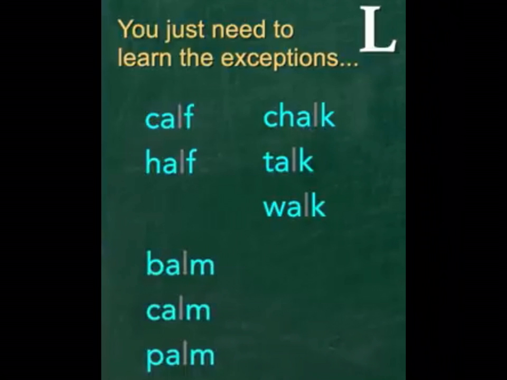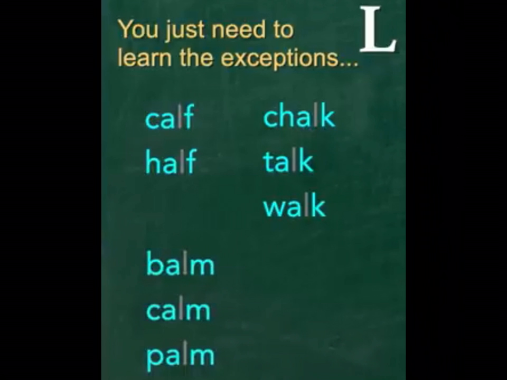Some common ones are what I have given you here, like calf, half, chalk, talk, walk, bomb, calm, and palm. Now, we do not say the L in calf, half, chalk, talk, walk, balm, calm, palm.